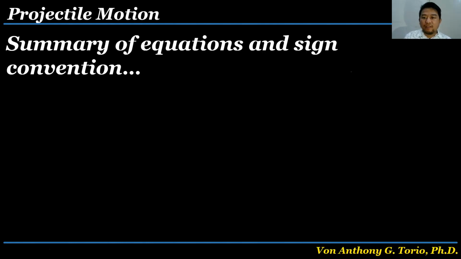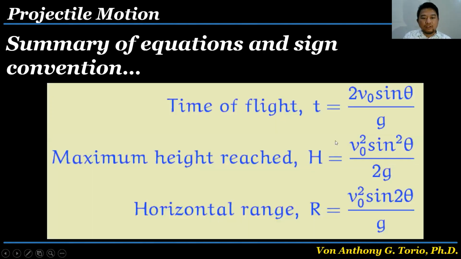And finally, to summarize the major equations that we need for projectile motion, we get to express total time of flight, we have T equals 2 V naught sine theta all over G. Maximum height reached is H equals V naught squared sine squared theta all over 2G.